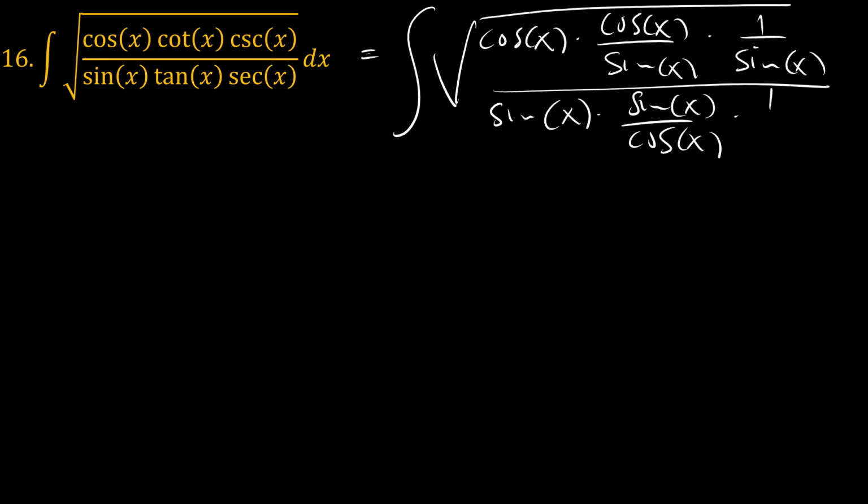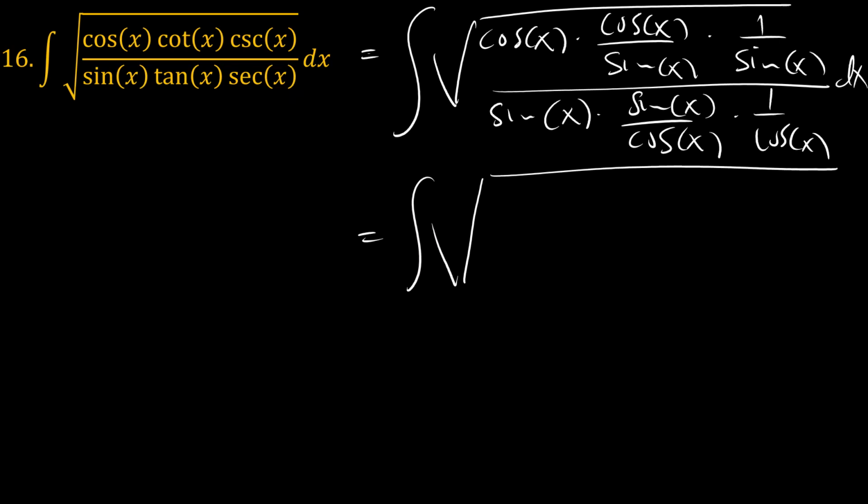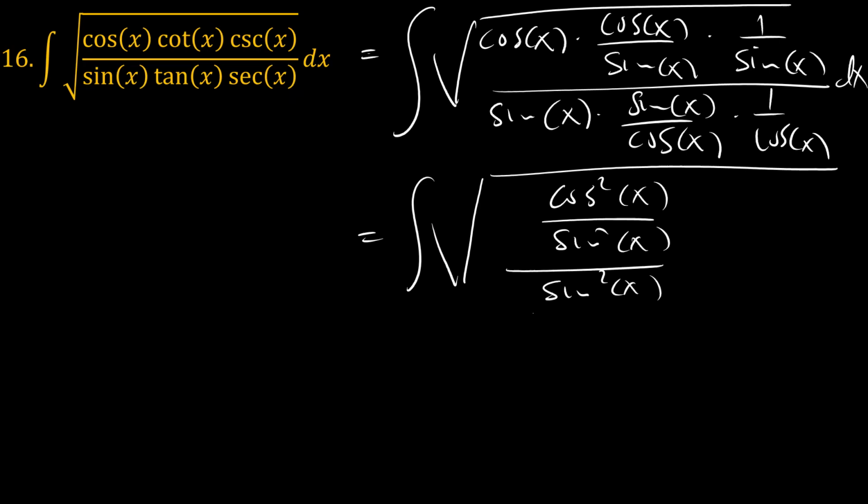Secant of x is 1 over cosine of x. So we see here that our problem now is the same as cosine squared of x over sine squared of x over sine squared of x over cosine squared of x.